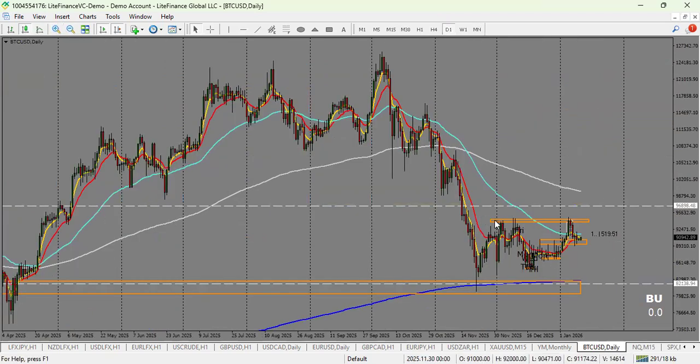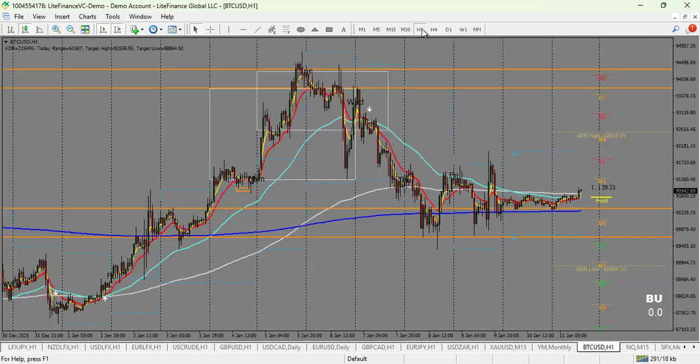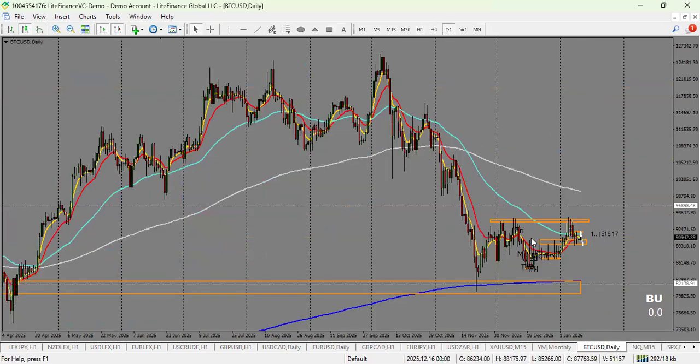I strongly believe that this area of resistance is strong enough. So this is a temporary buy, maybe to come to this 50 MA and then continue to sell. That is what I see, because this support is not that strong.